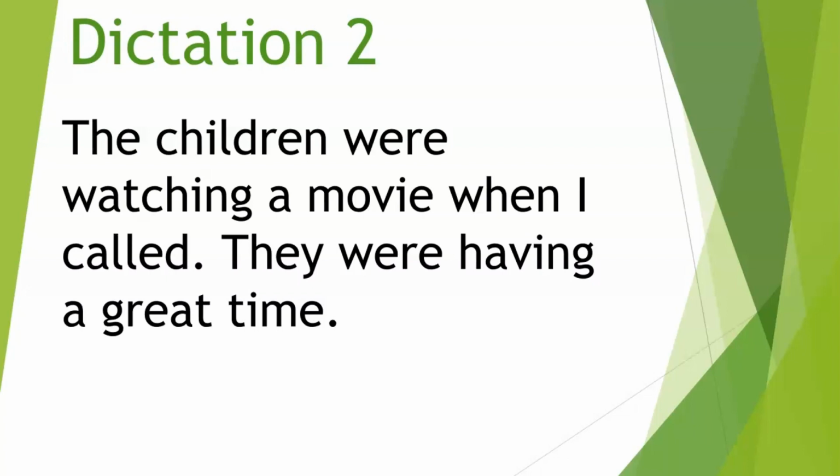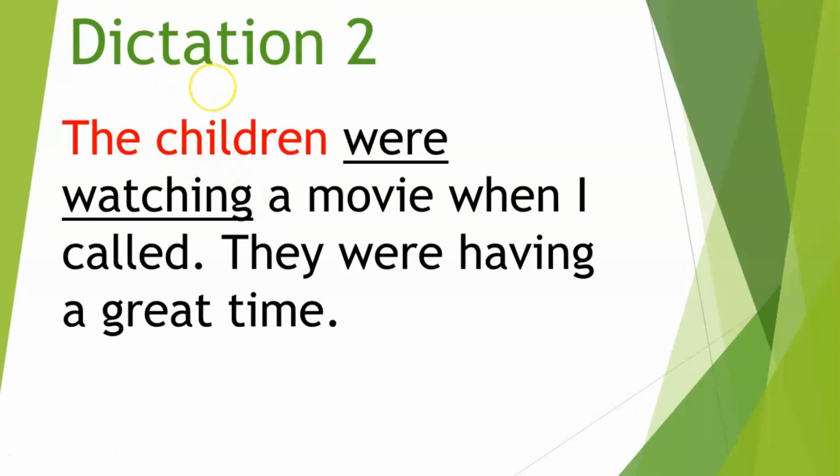Now again, we're going to find the subject of the past continuous verb. The subject and the past continuous verb is right here. The children is the subject, and were watching is the past continuous verb.